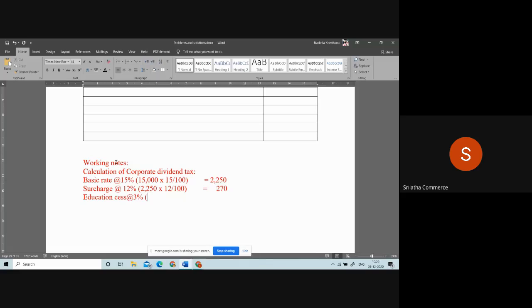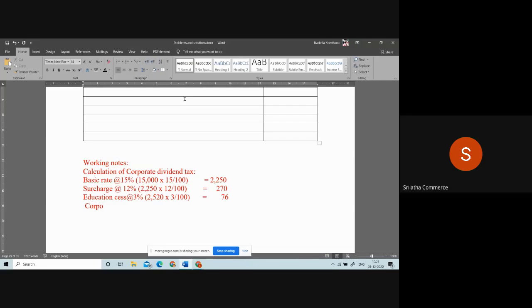So education cess is at the rate of 3%. So total comes to how much? 2,250 plus 270 comes to 2,520. 2,520 into 3 divided by 100. So how much are you getting? 75.6. We'll take it as 76. Okay.